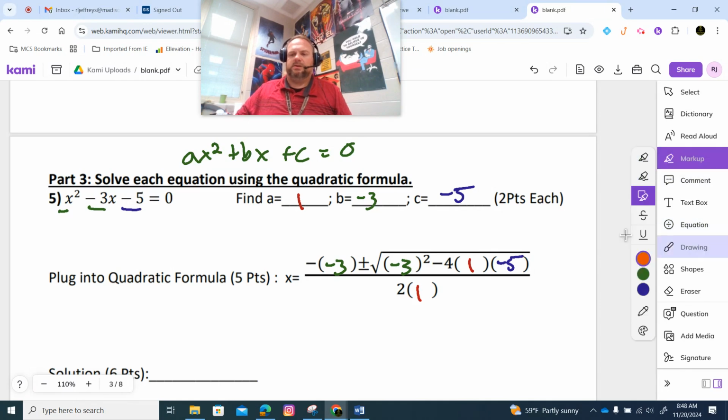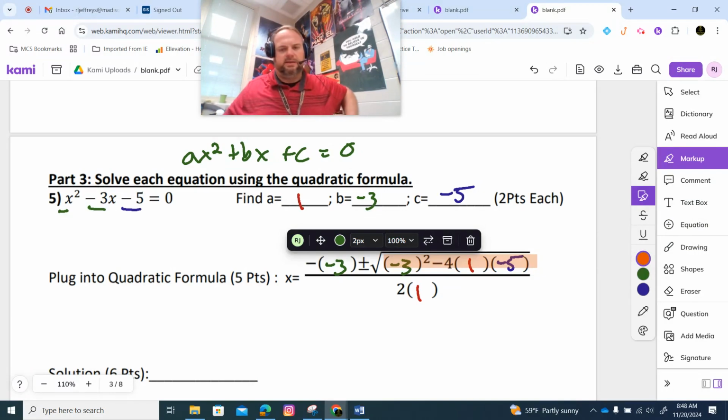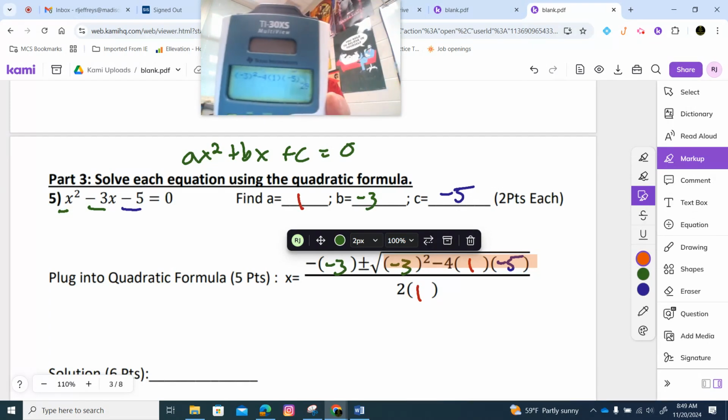So remember, we always start right here. That's our discriminant. That's what we put in the calculator first. So negative 3 squared minus 4 times 1 times negative 5. That's 29.